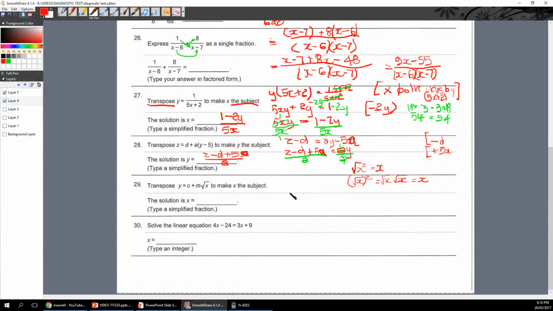So first up, we want to make x the subject, so we've got to get that on one side. First thing I'm going to do is minus c from both sides of the equation.